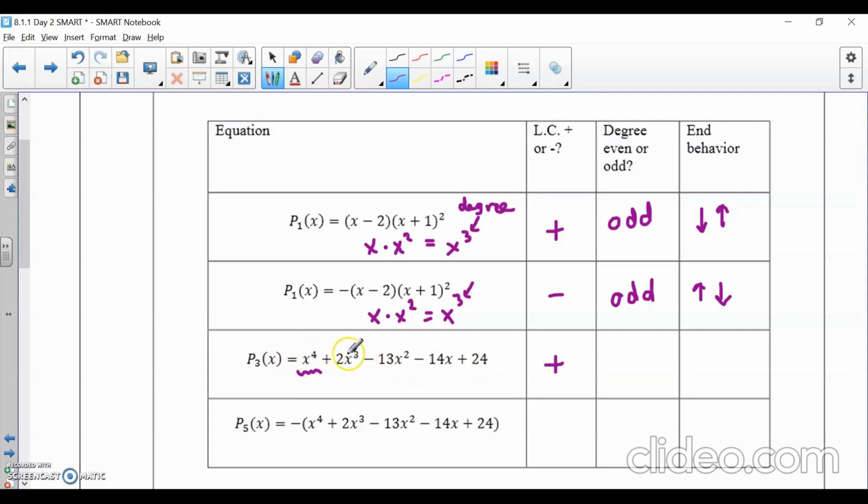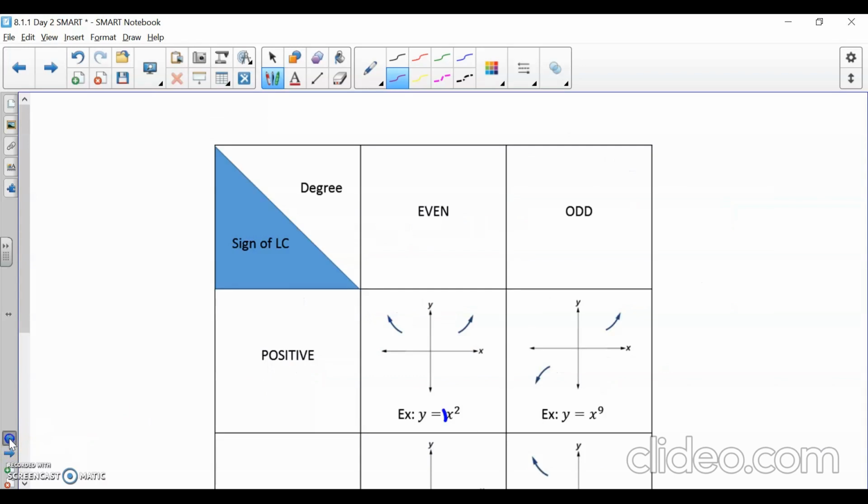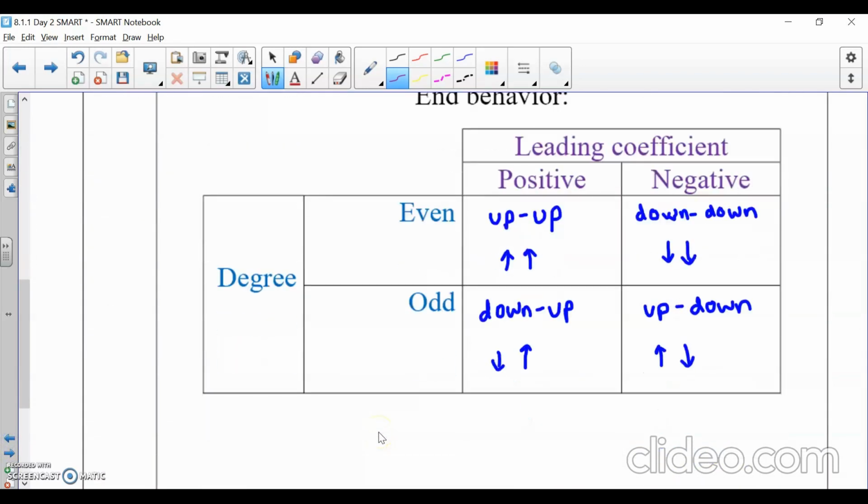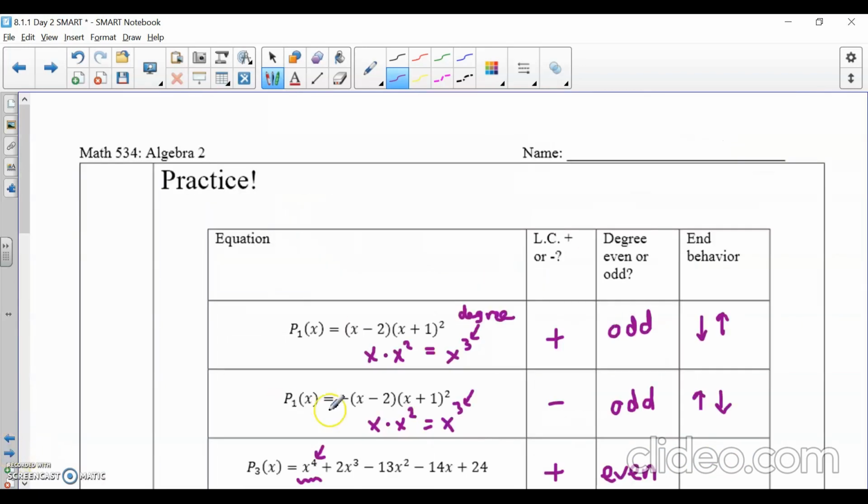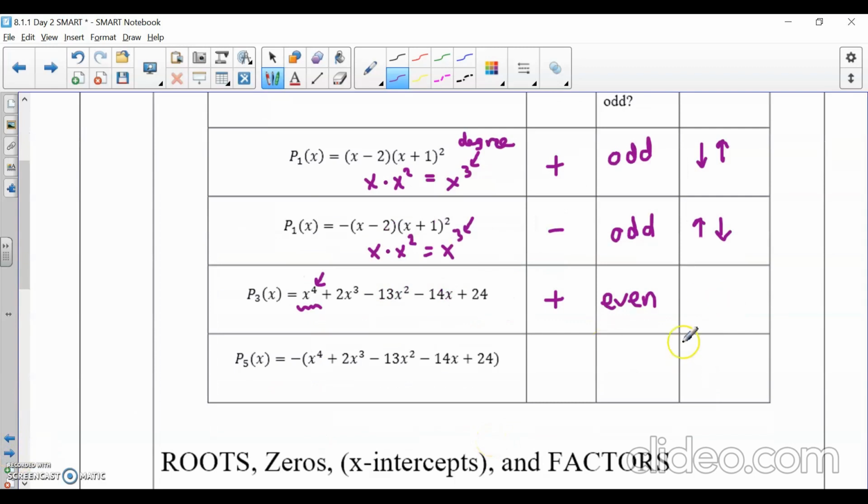And then the degree is 4, which is an even number. So we'll put even. And so positive, even. We move back here to find that positive even gives us an up, up end behavior. So we will go ahead and write up, up.